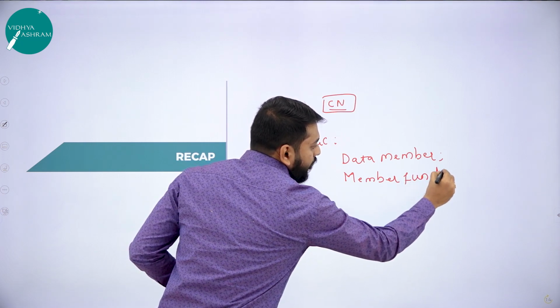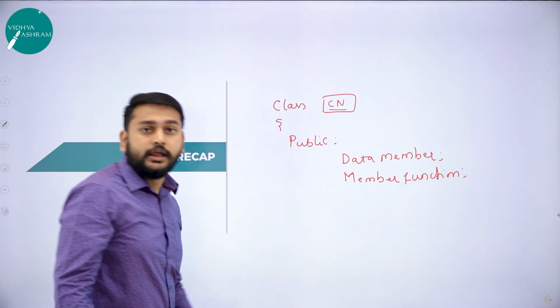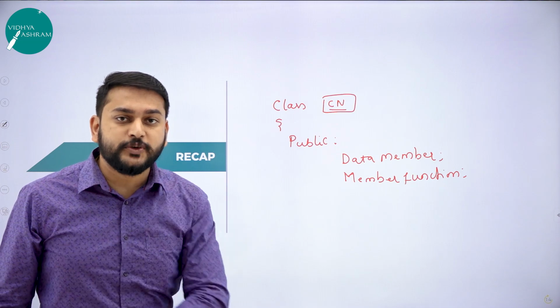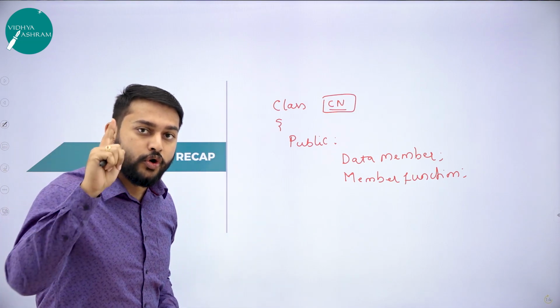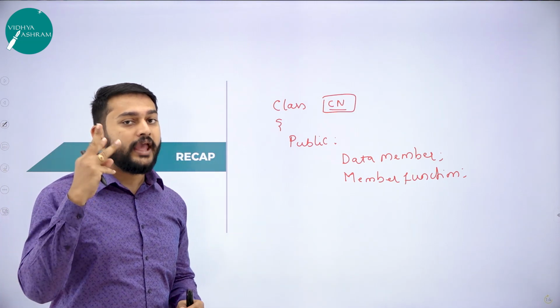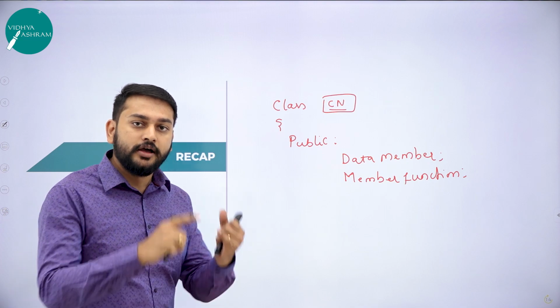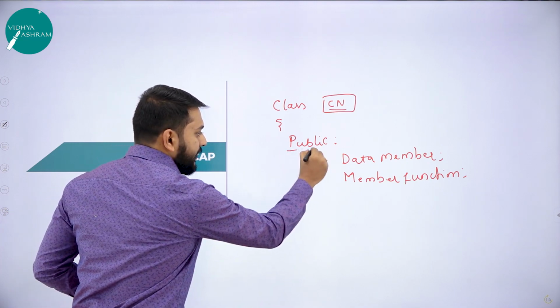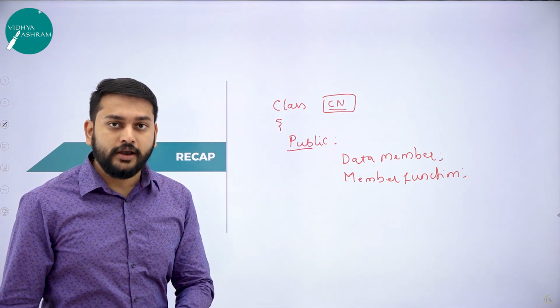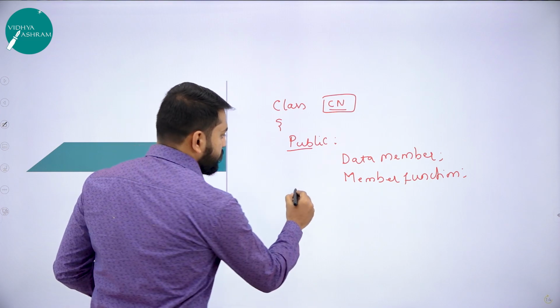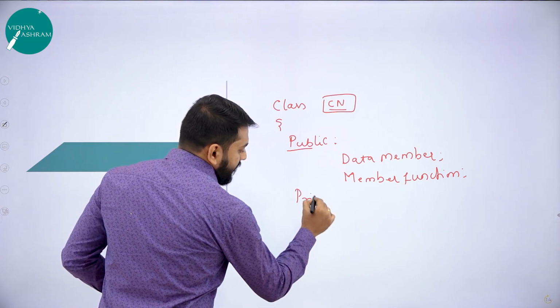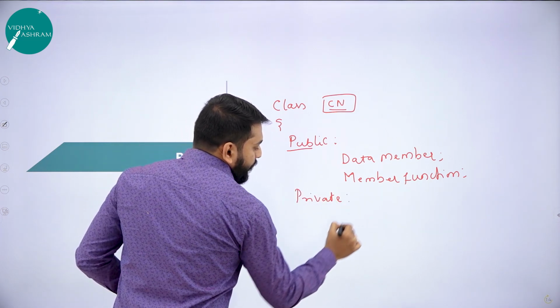So guys, can you tell me how many different types of access specifier that I have? So yes, you are exactly right. We have three types of access specifier. Number one is public. Number two, I have private, and I have protected. So that is what I will be writing: private and then protected.